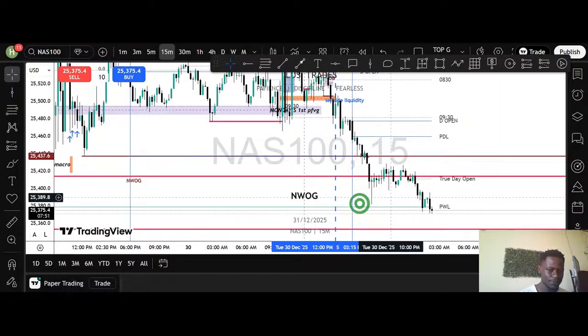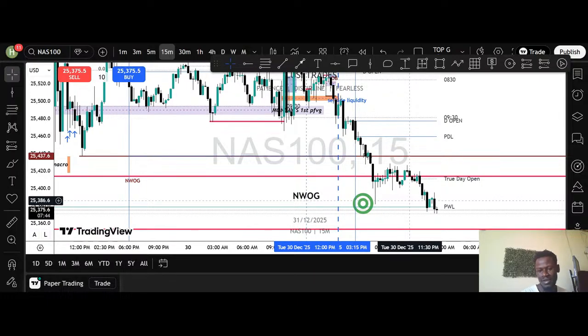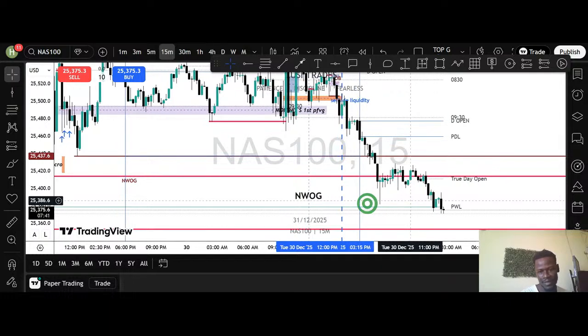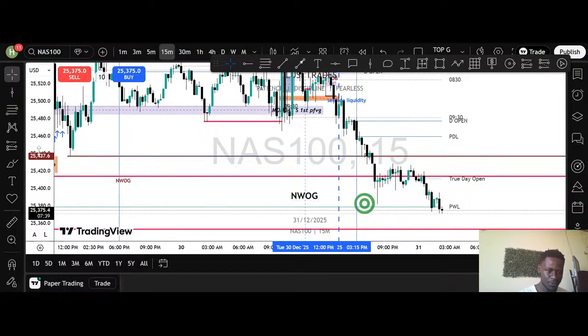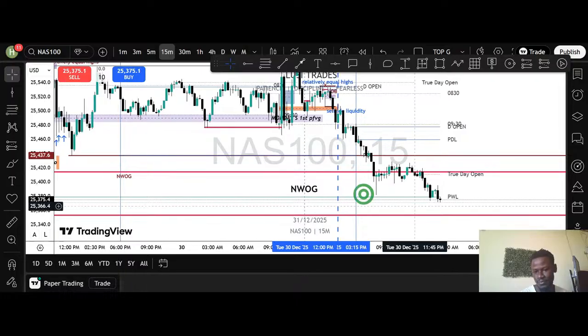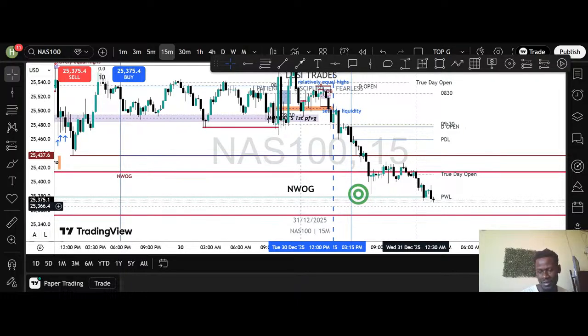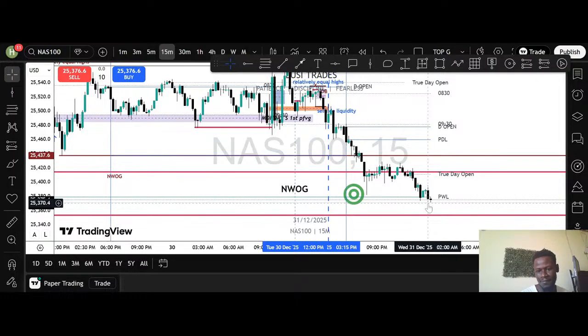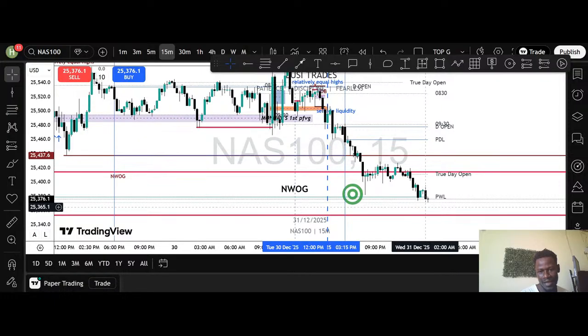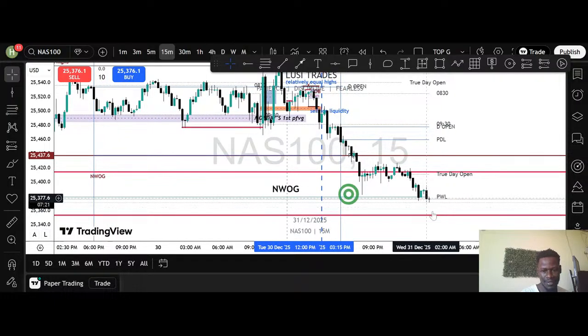So we want to be waiting for more information. We want to see what London's price action is willing to do. Then we come during the PM session and see if this level can hold price and maybe give us something, whether we push to the upside or continue lower.